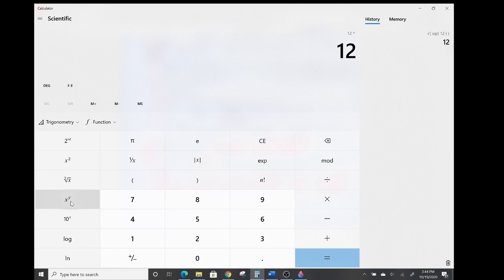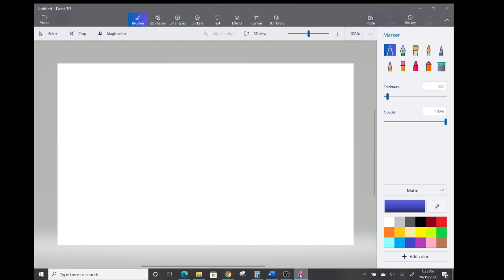All right, so 12 is in the x. We want to raise it to the third power. Hit it again, and we get 1728. Now that means we have 12 times 12 times 12, right? We have a cube.